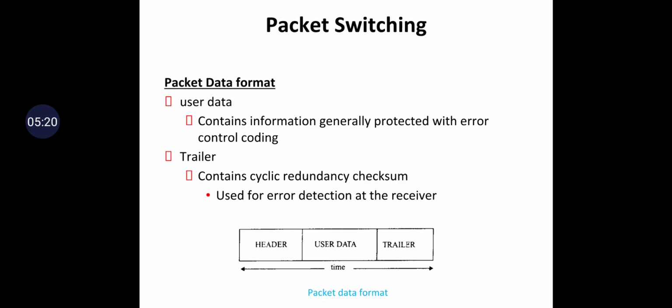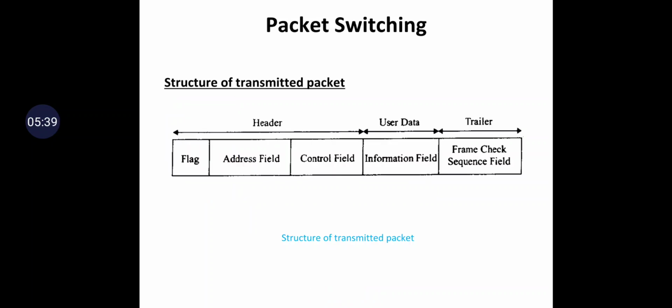Then we have the user data. It contains information protected with error control coding. And trailer is the last part of the packet. It contains CRC code, that is cyclic redundancy checksum code, which is used for error detection at the receiver. So this is the structure of the transmitted packet.